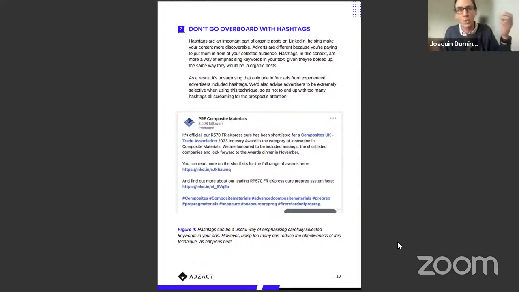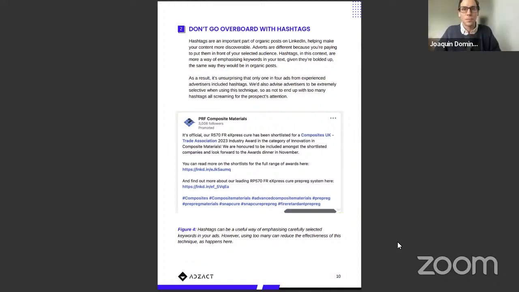However, you can use it to highlight something in the text. For example, as you mentioned, if you are supporting a movement or something with your ads, right? So it's more that you want to connect to that topic rather than it being used as a search mechanism, right? So yeah, totally agree.